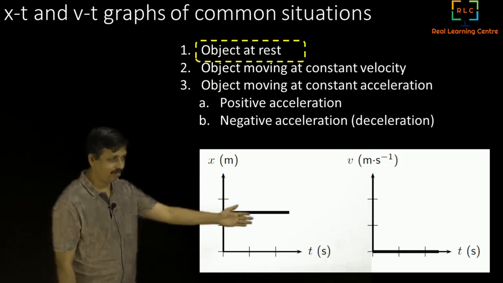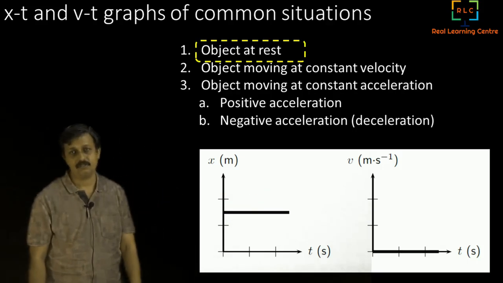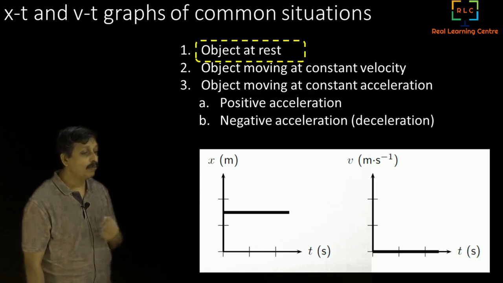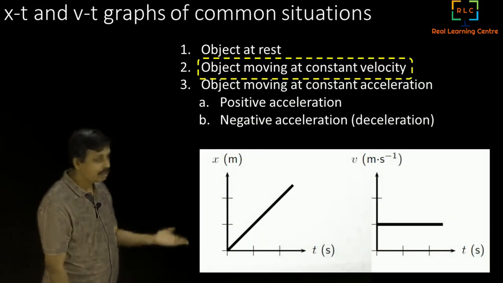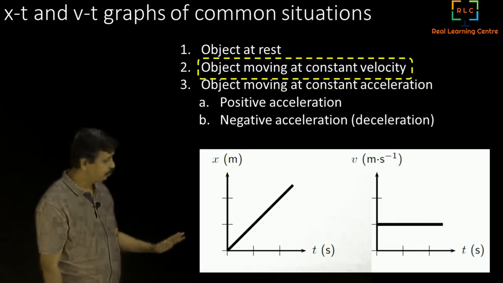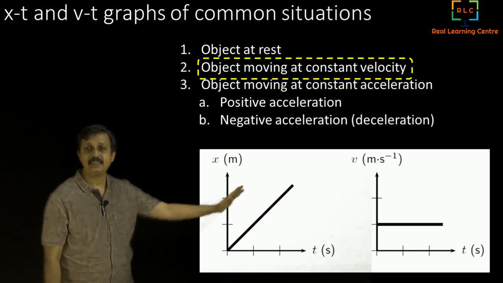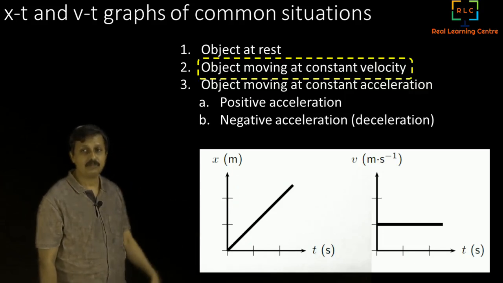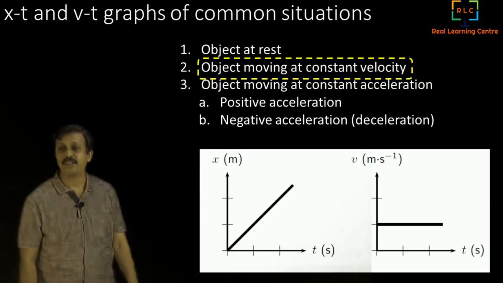Velocity is 0 all the time. From the beginning till the end, it is 0. That is an object at rest. What about an object moving at constant velocity? Its position is continuously changing. That is our x-t graph, but its velocity is constant. That is our v-t graph.